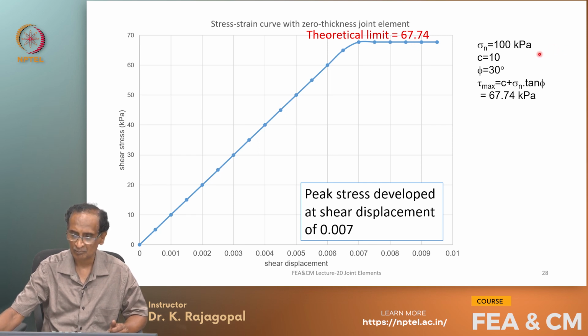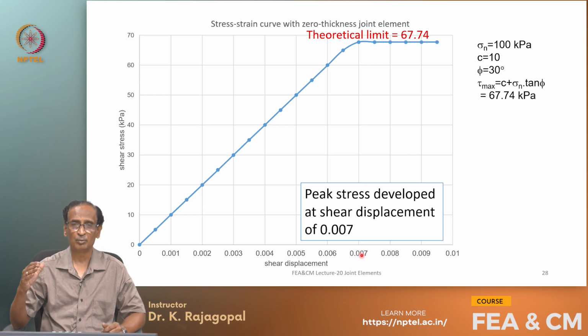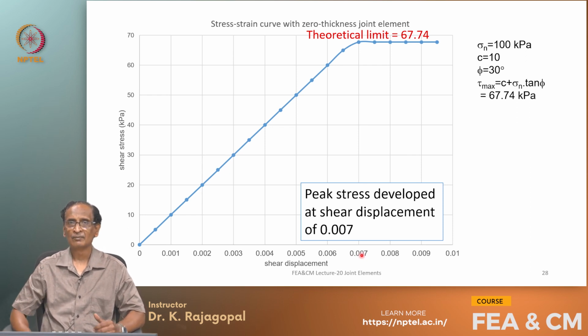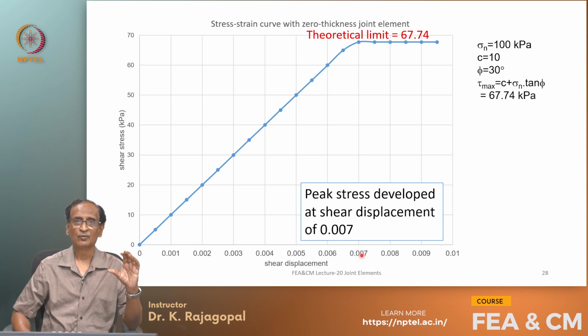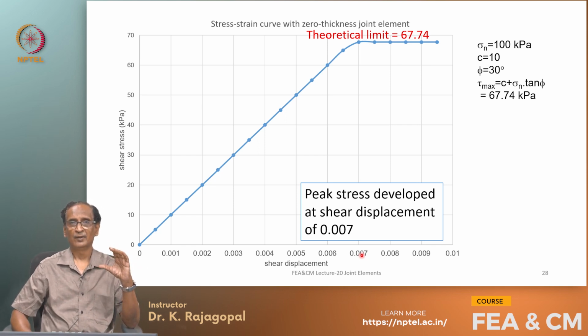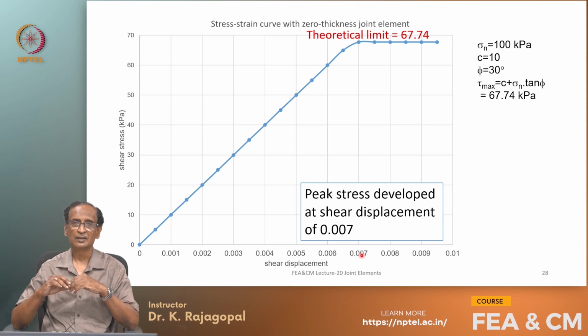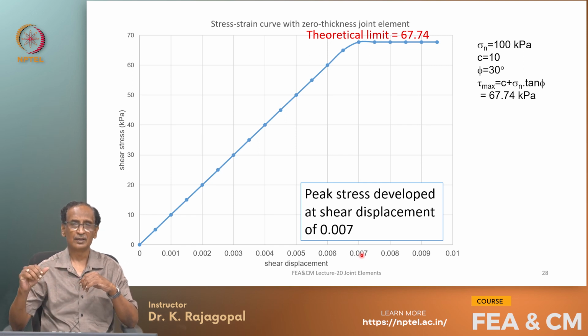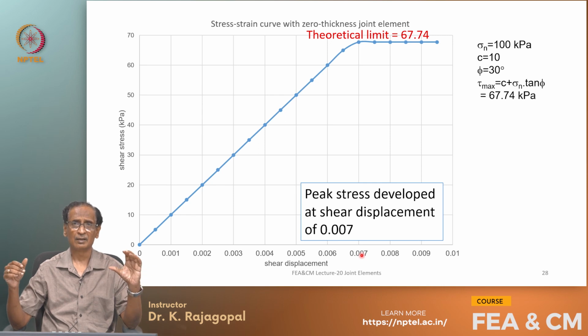It is exactly equal to the theoretical limit, and the peak stress is developed at a relative displacement of 0.007, whereas in the previous case when we modeled the interface through thin layer elements, that deformation was varying a lot depending on the thickness.